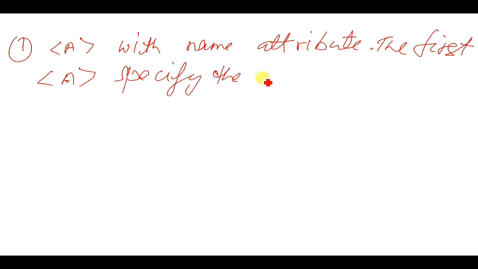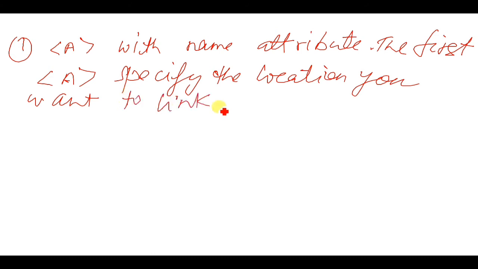The first anchor tag specifies the name of the location of the subsection you want to link.